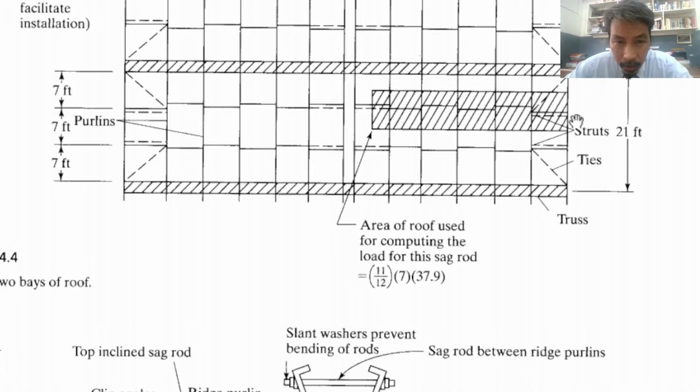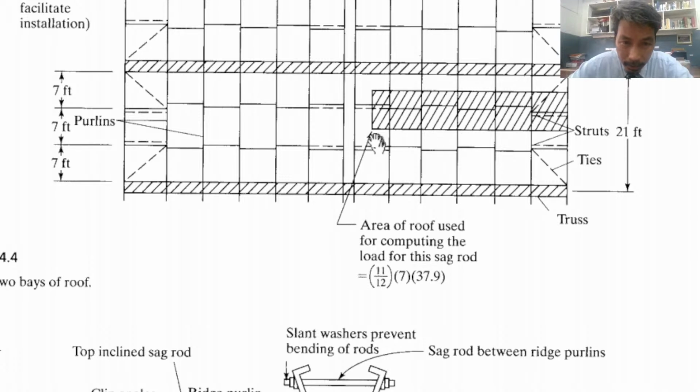So, these are the purlins and these are the struts. So, tributary area of group.